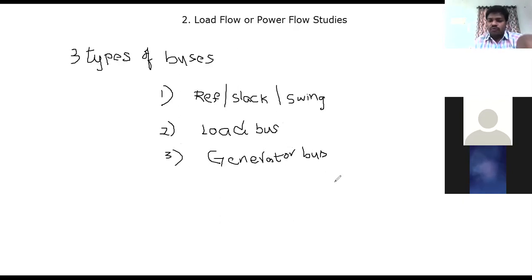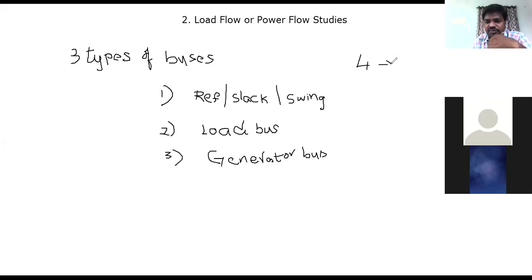Even though you will have n number of buses connected in your power system, out of those n buses, you must select one bus as a reference bus or slack bus or swing bus. Later, I will explain why you need to consider that particular bus as a slack bus or swing bus or reference bus. Let us consider an example of four buses.